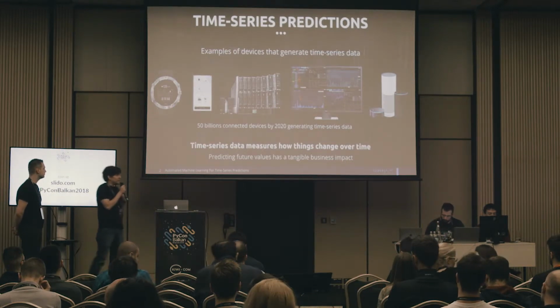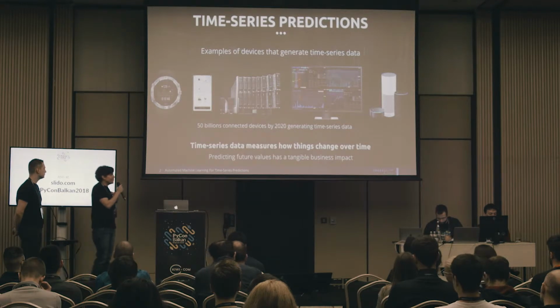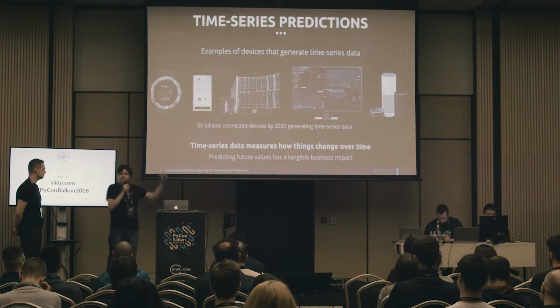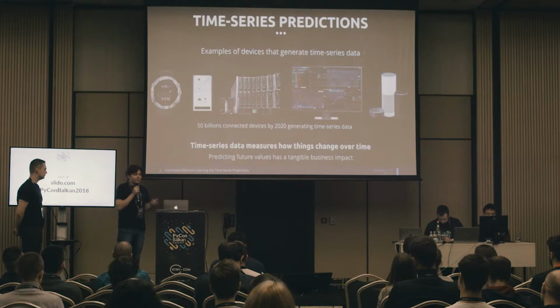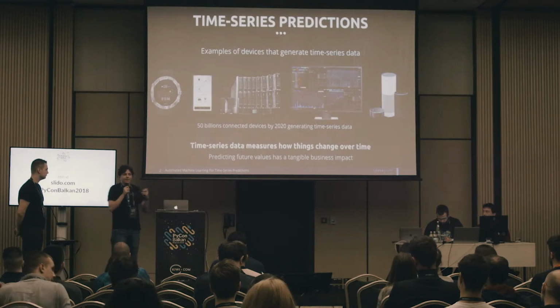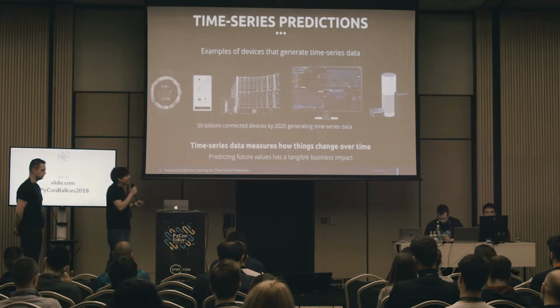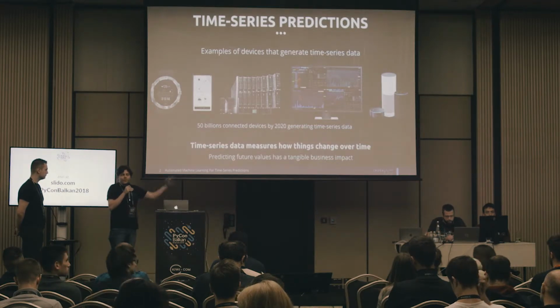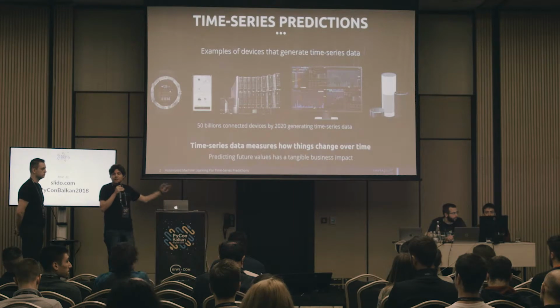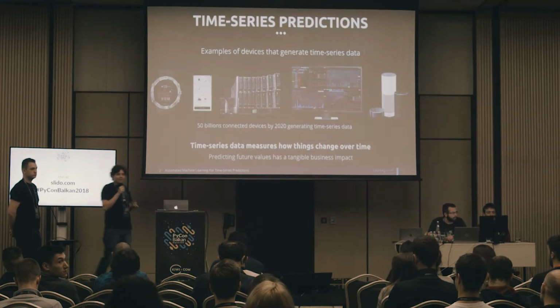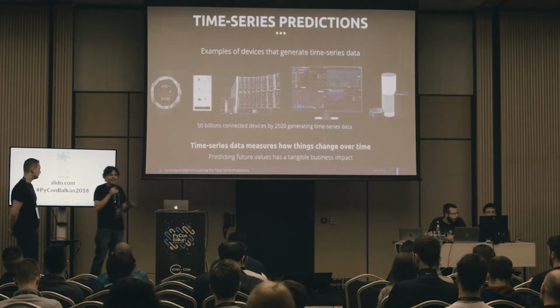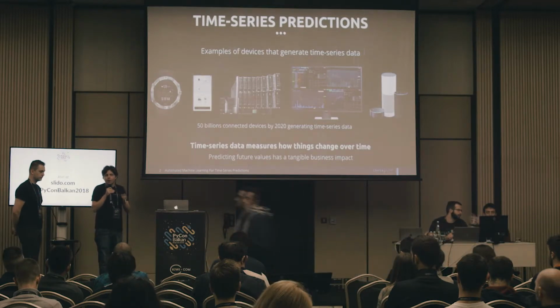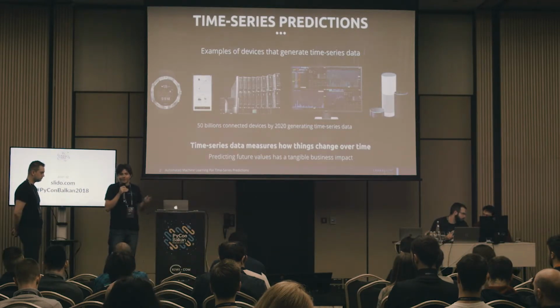And we, as a business, focus on predicting the future of time series. So given some data on, let's say, a stock market price, we want to know what that price will be sometime in the future, maybe. Or given a failure data in a data center, we want to know what will be the failure rate tomorrow.